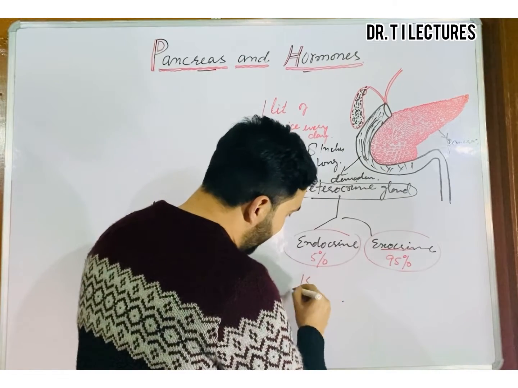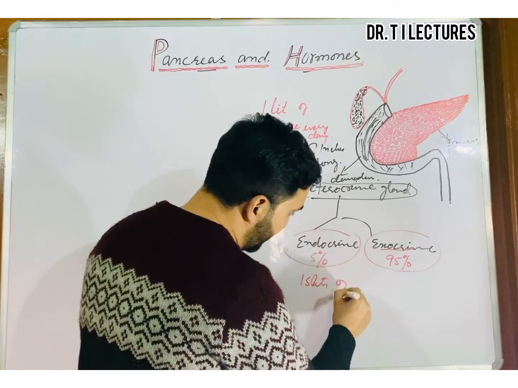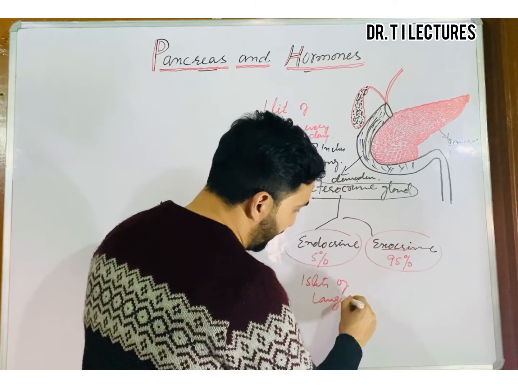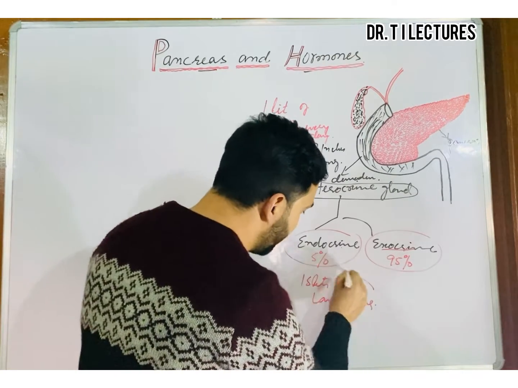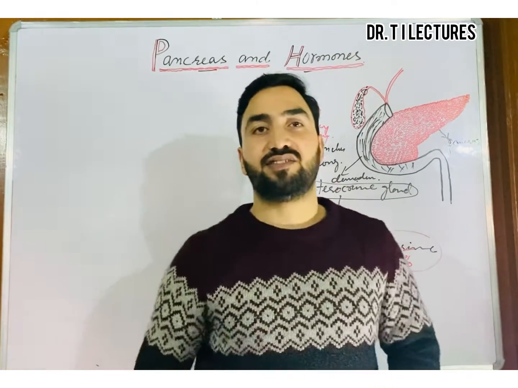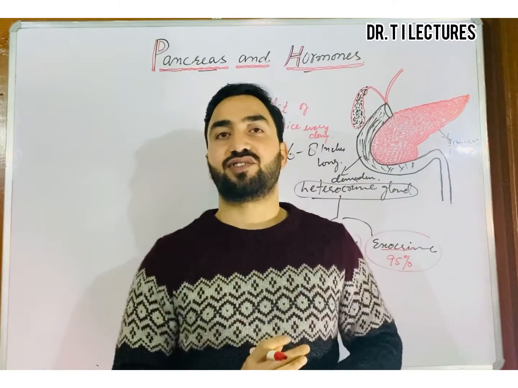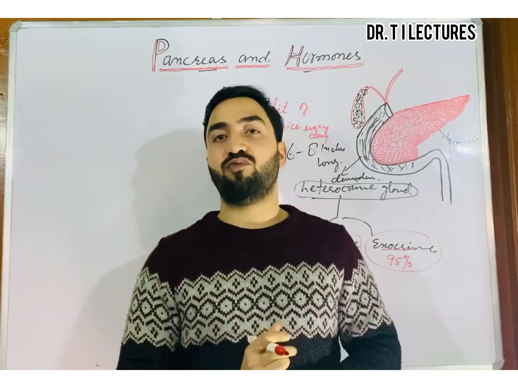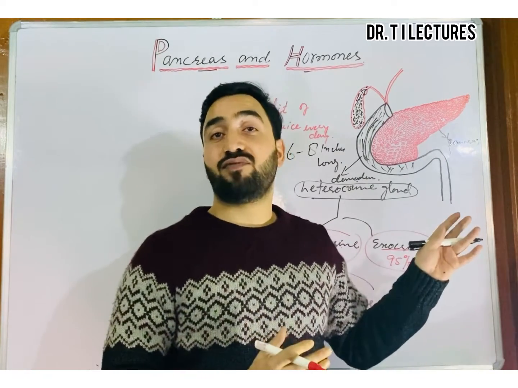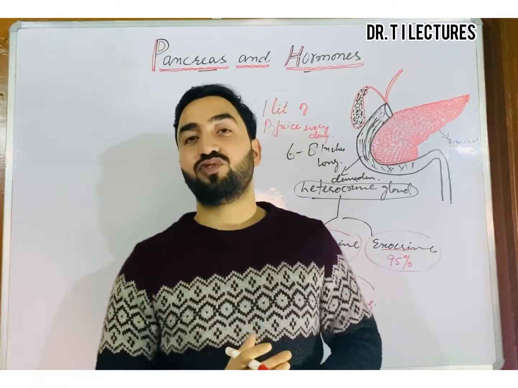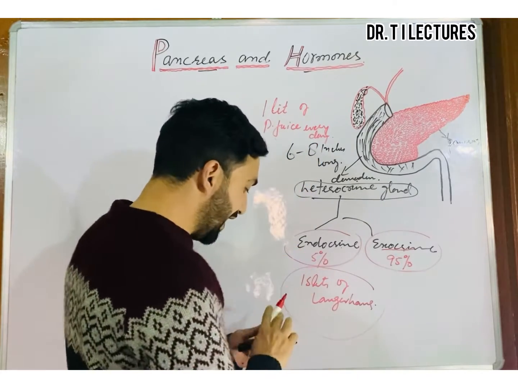We call them islets of Langerhans. That's very important. These grape-like cell clusters produce important chemicals that we call hormones: insulin and glucagon.